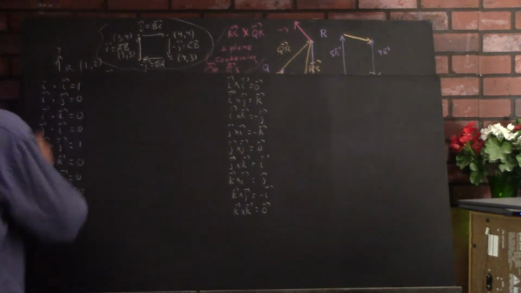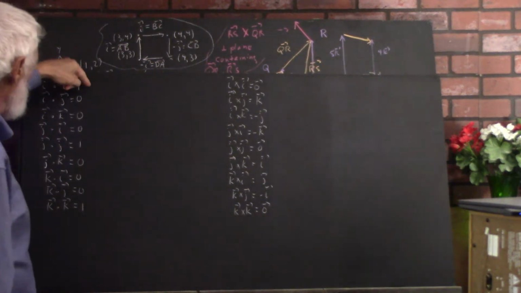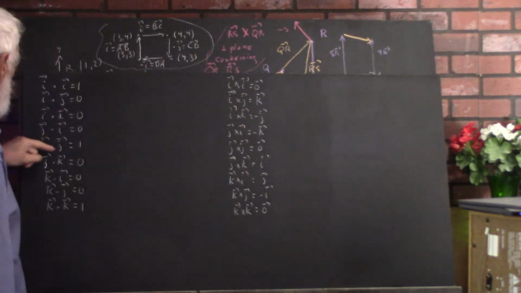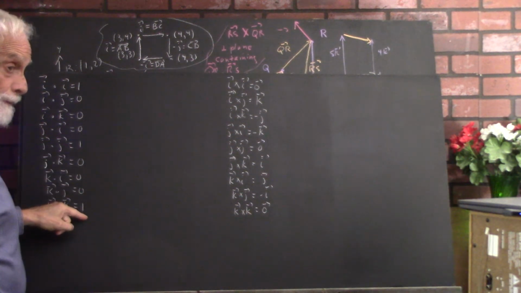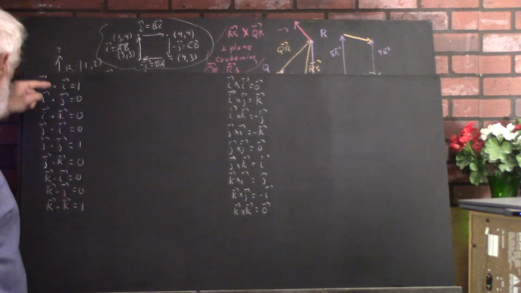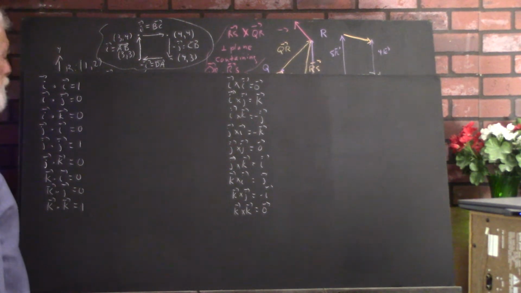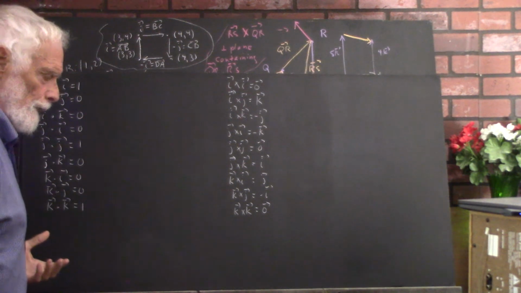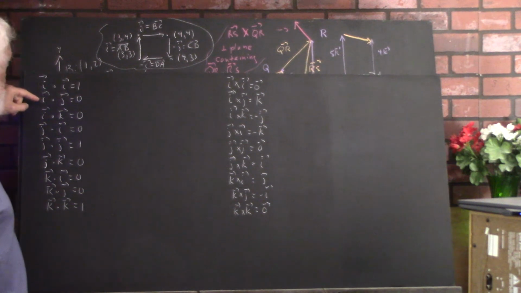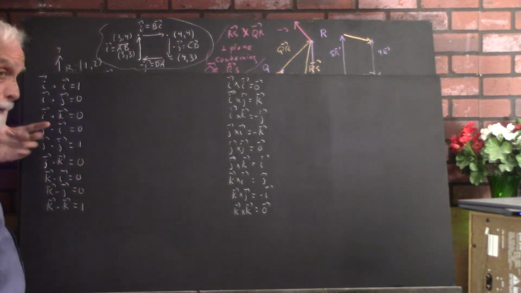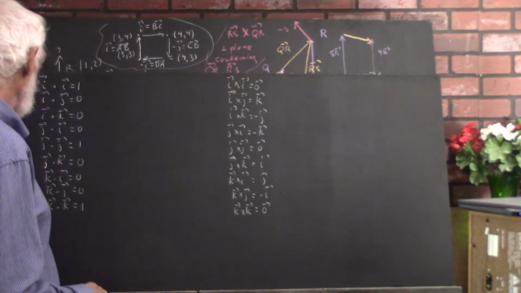Okay, so if you look here, I dot I is 1, J dot J is 1, K dot K is 1, and any other product is 0. So it's going to turn out that when vectors are perpendicular, because I and J are perpendicular, I and K are perpendicular, the 0 products occur when you have perpendicular vectors.